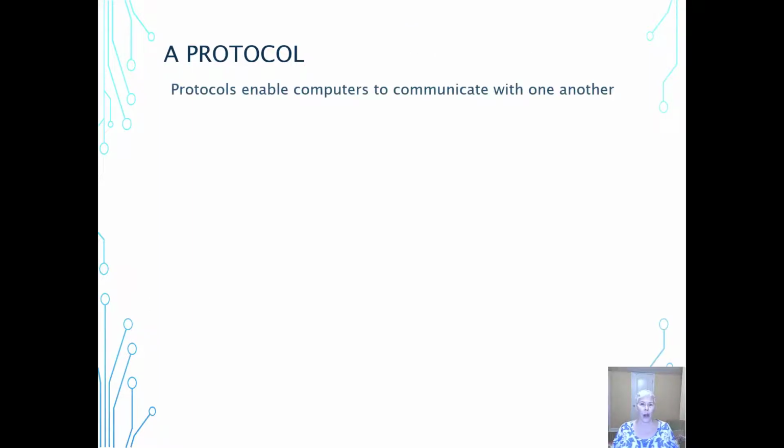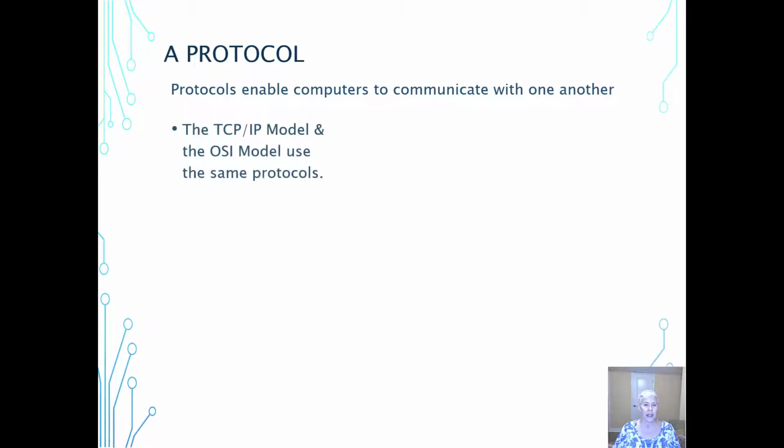A protocol is something that enables your computer to communicate with one another. The TCP/IP model and the OSI model use the same protocols. It's just that they're going to function at different layers because remember, the TCP/IP model is a little bit more of a legacy model with only 4 layers, whereas the OSI model is the new iteration of a protocol suite with 7 layers.